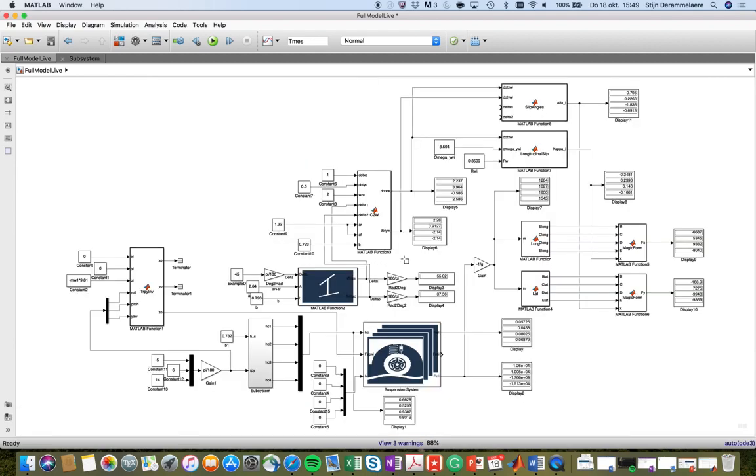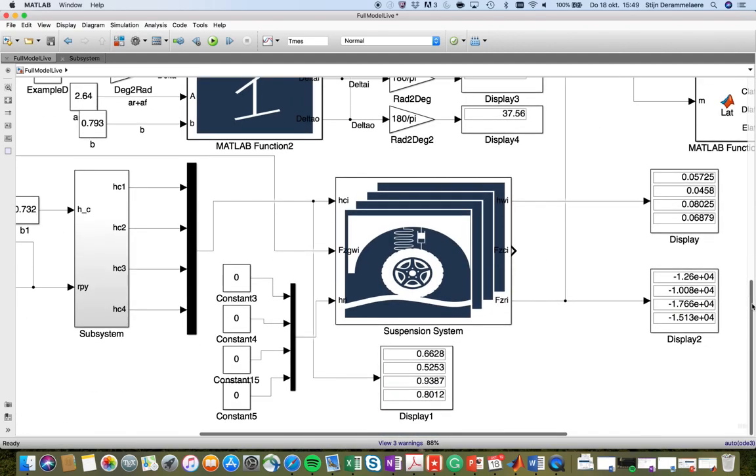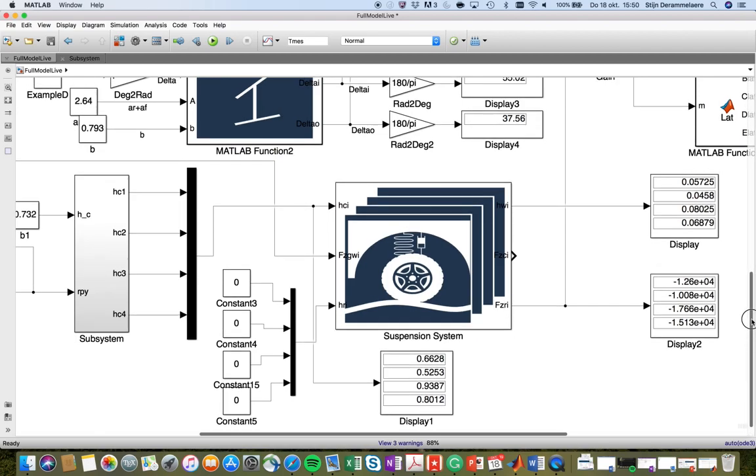We get this. We start, of course, with our suspension system. Why do we start with the suspension system? Well, because we can determine the downwards force on the tire based on the suspension system. We've done that in the previous courses.